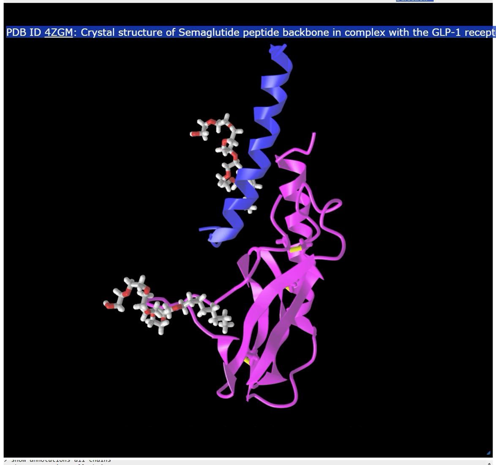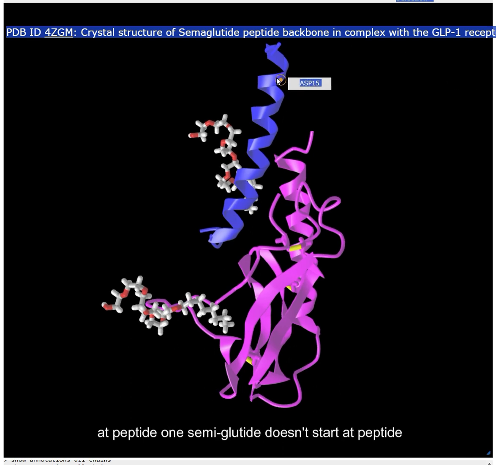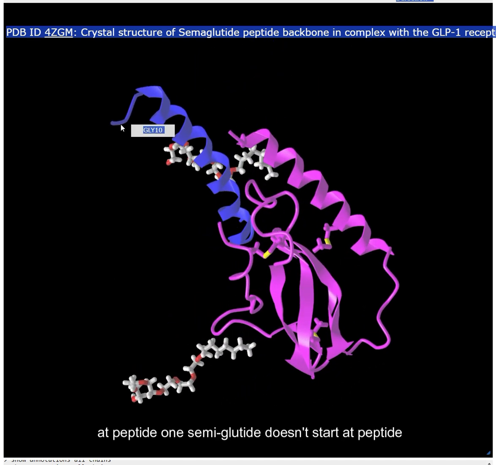Now remember, over here is semaglutide, and it starts with number 7, which is a protein. Unlike the native GLP1, which starts at peptide 1, semaglutide doesn't start at peptide 1.